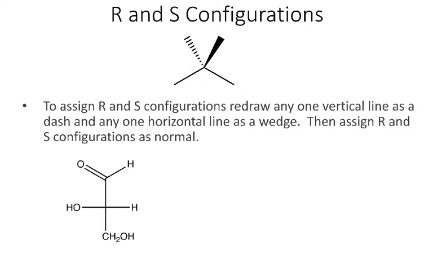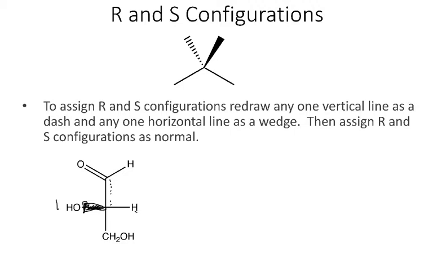So I'm just going to randomly pick this one, convert that into a dash. I'll convert that one into a wedge, and now I'll assign the R and S configurations like I would normally. So I think the OH gets priority 1.